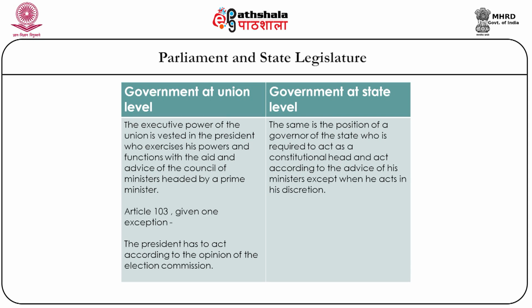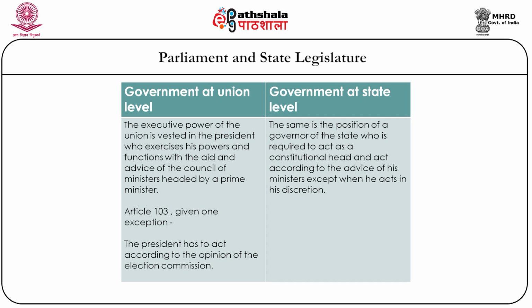Now again, I would like to point out one important and interesting factor, that naturally the President has a power that he will function all his powers with the aid and advice of the Council of Ministers headed by the Prime Minister, but he has to act according to the opinion of the Election Commission, according to Article 103.